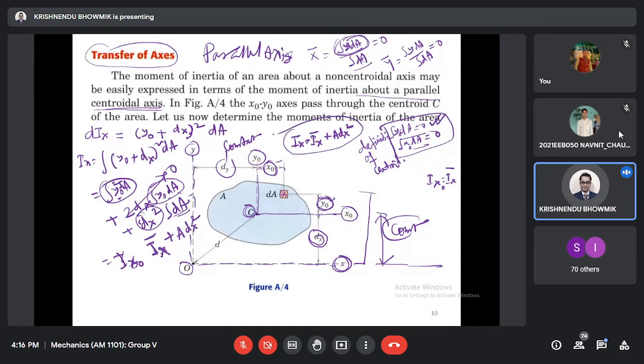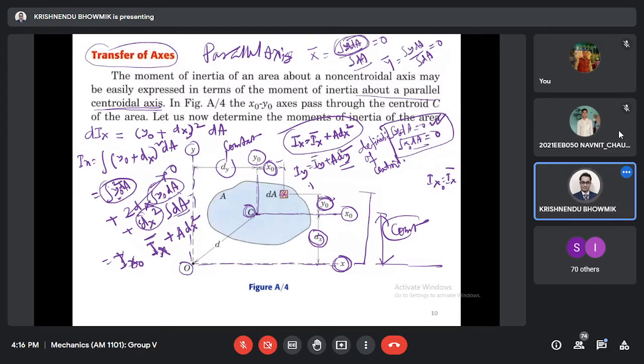Simply, it is the value at the centroid plus the total area multiplied by the distance squared. Which distance? The distance between the centroid of the body, the object or cross section, and the axis which you want to consider. Somebody can work in a similar way: Iy equal to Iy bar plus A dy square.